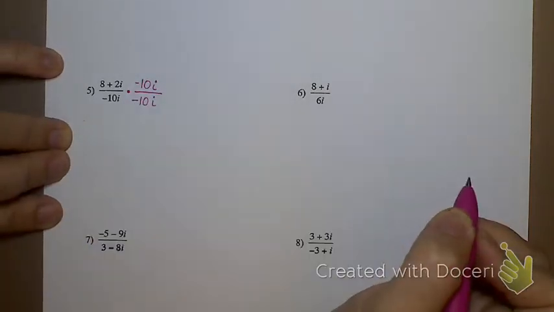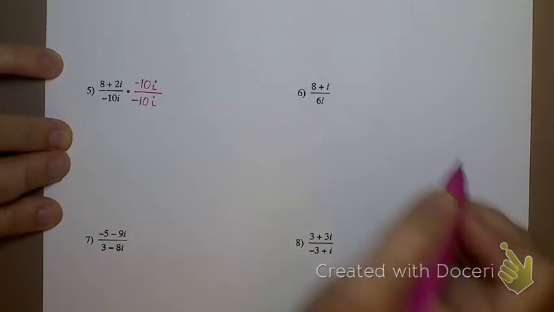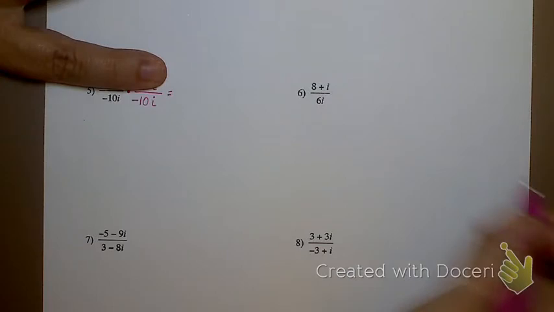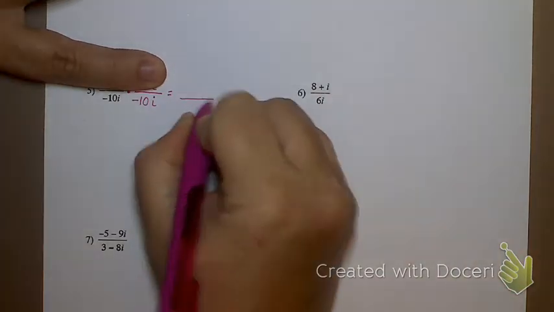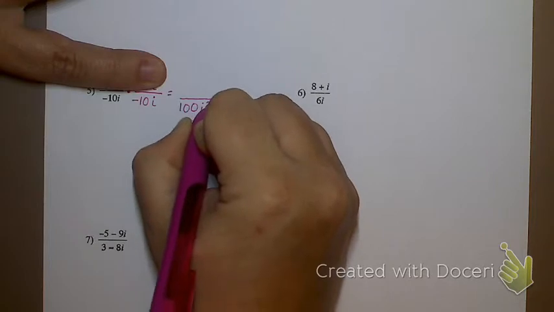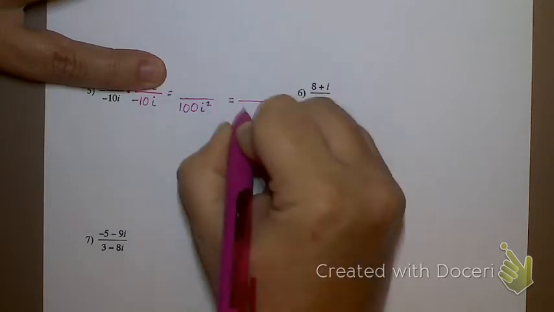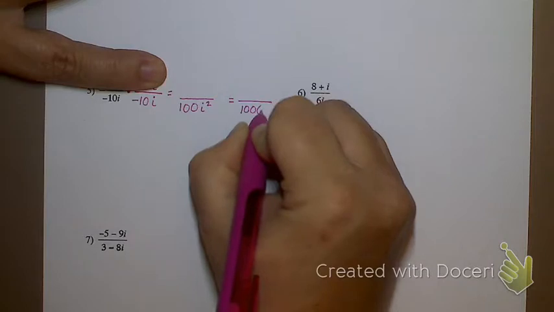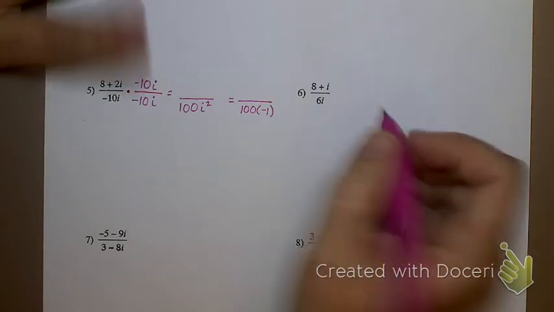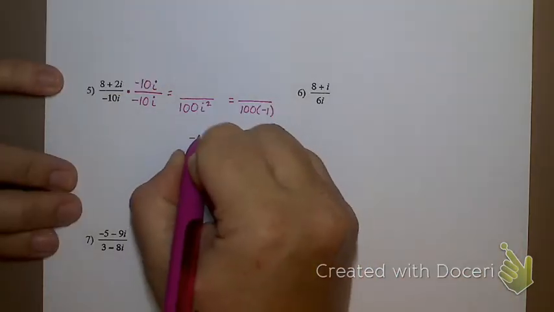If I look just at the denominators right now, I have positive 100 i squared, which will become negative 100 times negative 1, which will become negative 100, right? And I'm running out of room, so I'll deal with that in a minute.